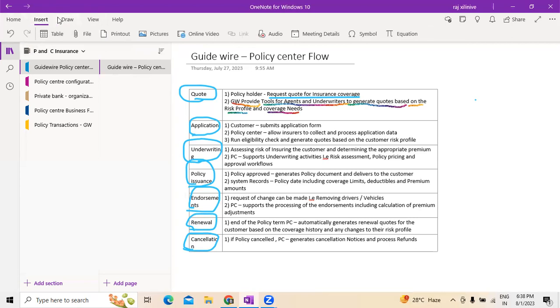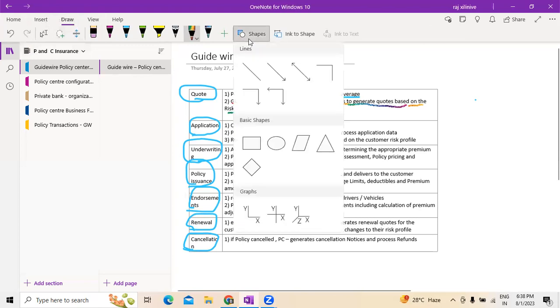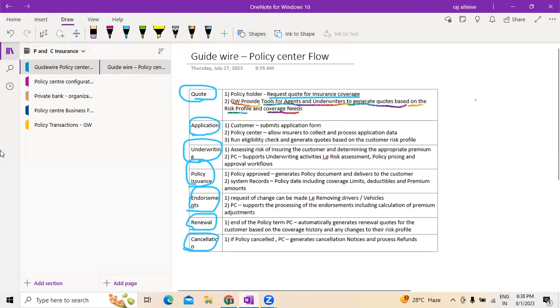When a request is made by a customer or policyholder, for whatever reason, and someone provides a quotation, it is based on two things. One is the risk, and the second is the coverage. These are the two major things we take into account when working on the quotation part.